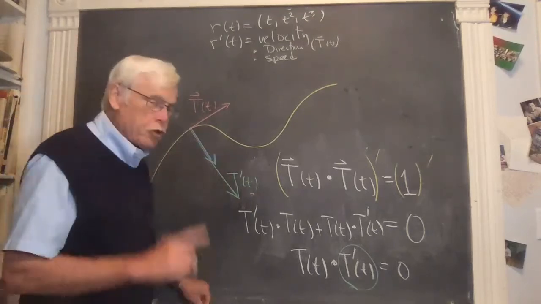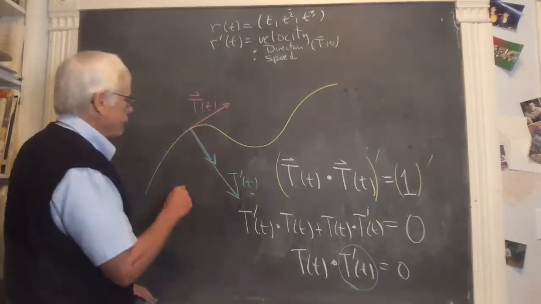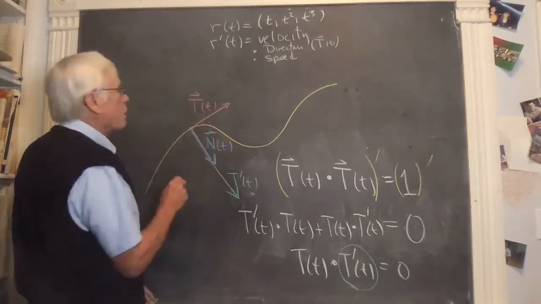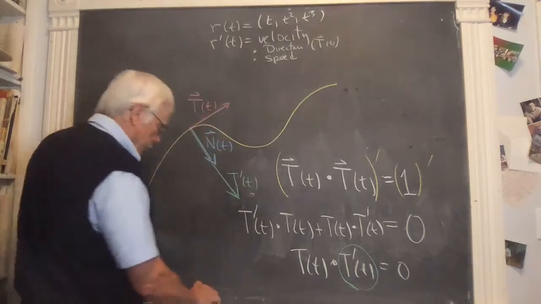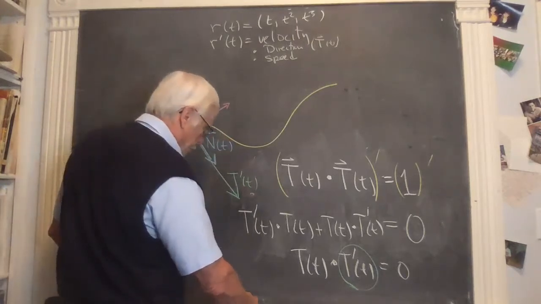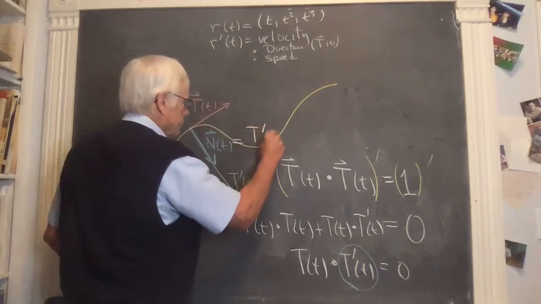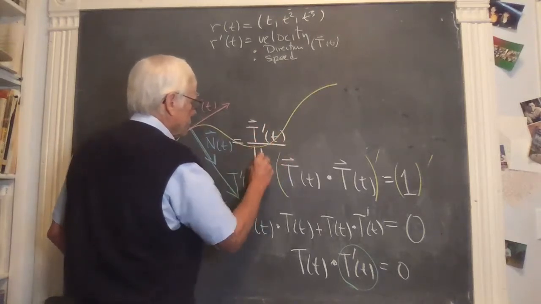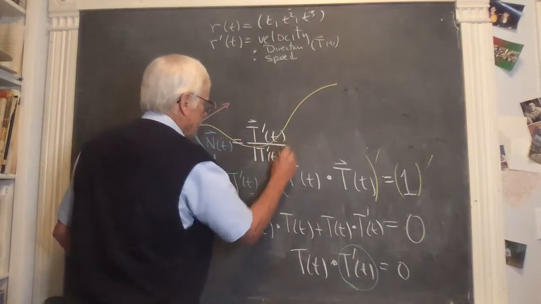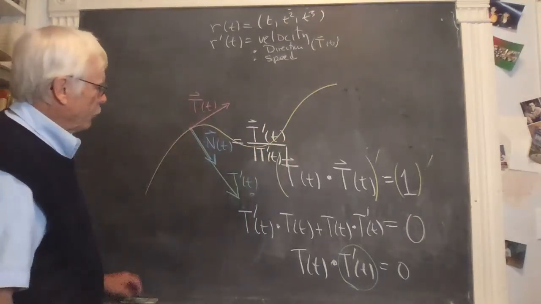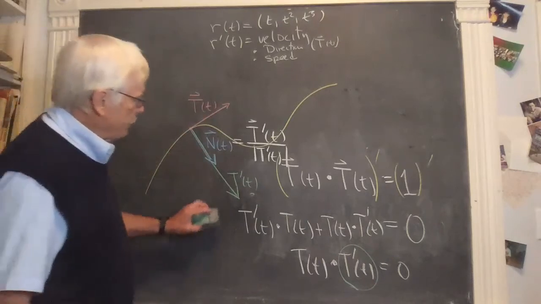If we wanted the unit vector in that direction, N of t would just be then T prime of t over its length. So this is a formula for the N of t.